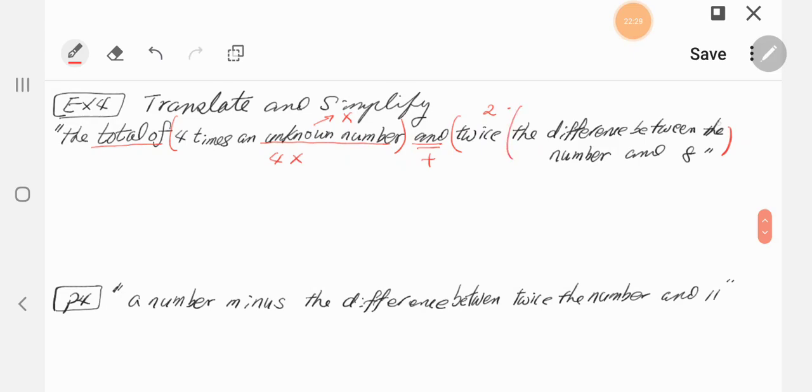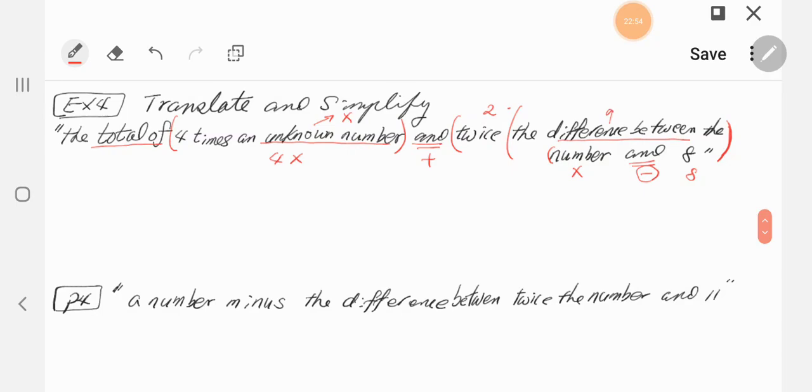Okay, so this part is the difference between, so this is a subtraction. The difference between the first part and, so this is a minus, right? Minus. So the first part is the number. So the number is what? The number is x. This is x and this is 8.